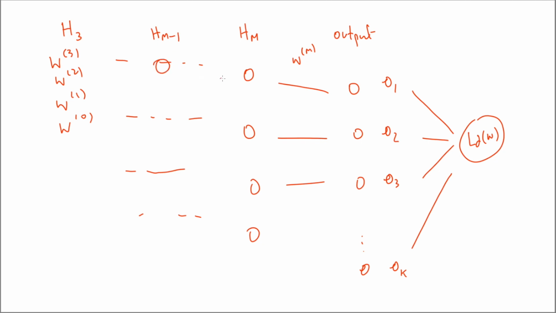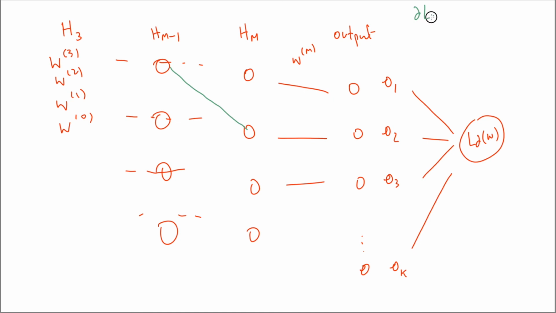Let's just think about this weight in H^(m-1), the second to last layer. How do we take the derivative of the loss function with respect to this weight? What is the derivative actually telling us?